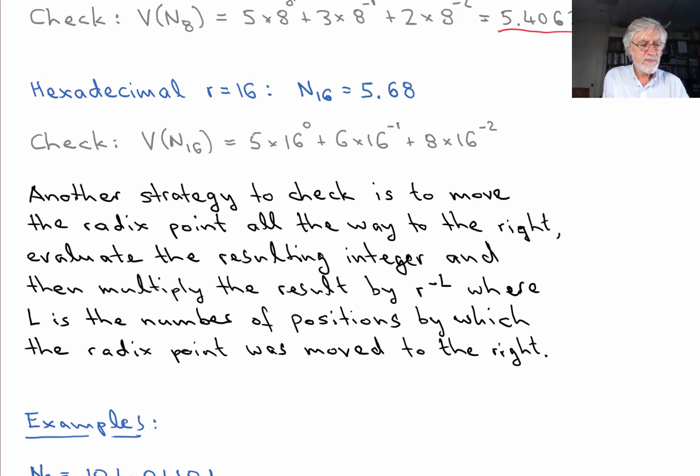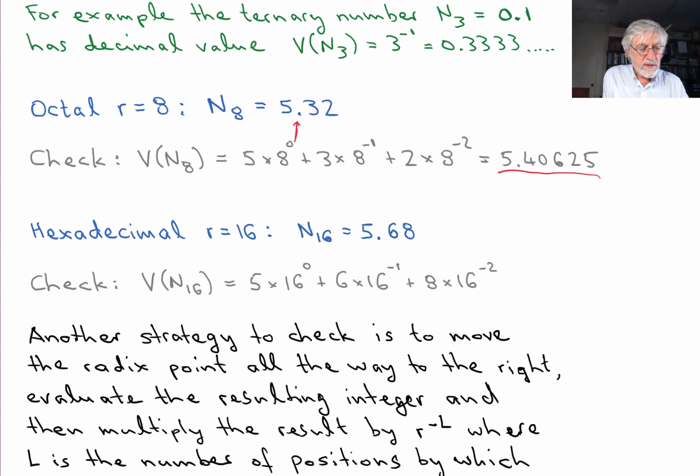In hexadecimal, we have, of course, r equal to 16. So n16 turns out to be 5.68. Notice that this is very similar to the n8 here, but of course, since the first digit is 5, it's equal to 5 in octal representation as well as in hexadecimal representation. And then the digits after the radix point just happen to be similar, but you cannot usually count on this.